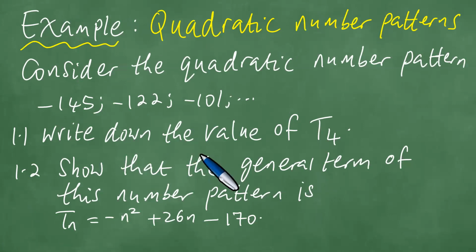Consider the quadratic number pattern minus 145, minus 122, minus 101. Write down the value of the fourth term. This one is already a quadratic number pattern. Right, so now we proceed with the solution to this.